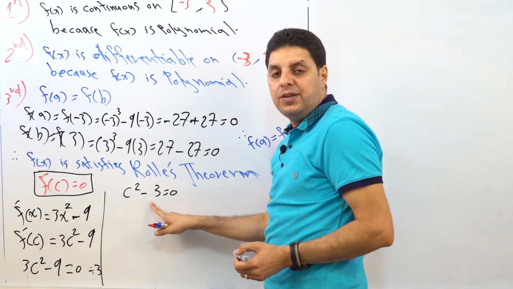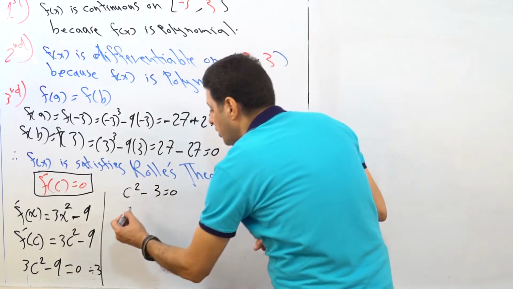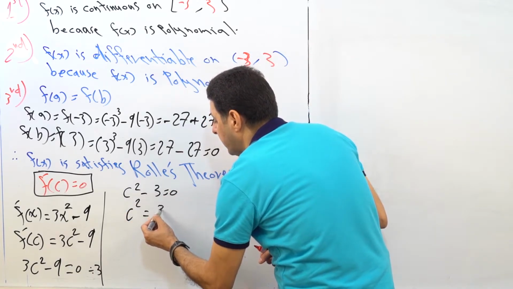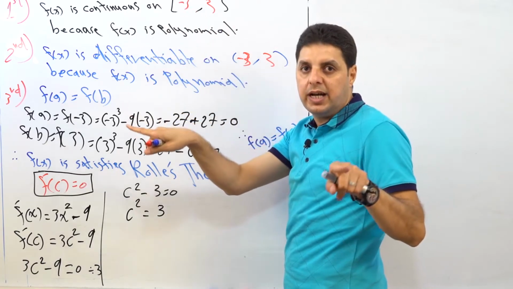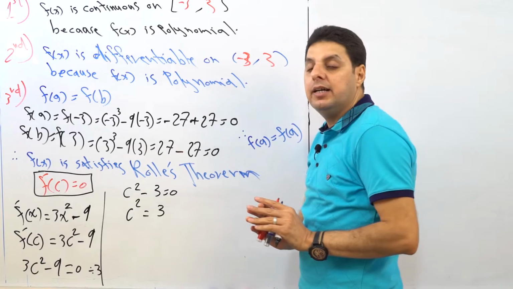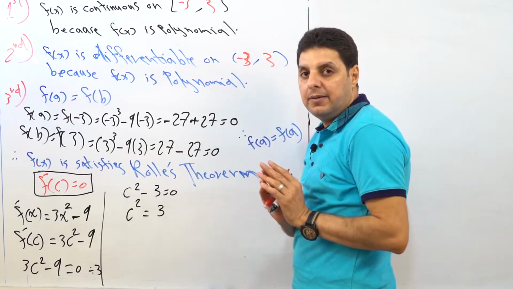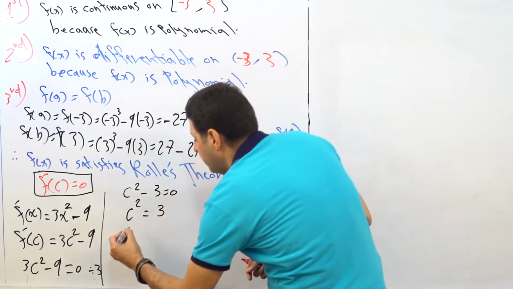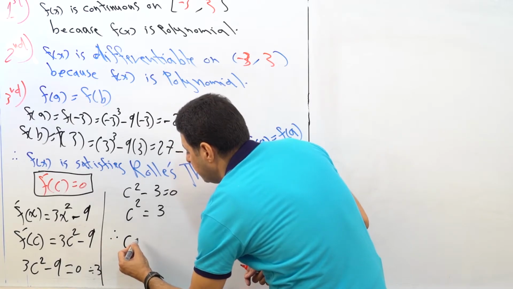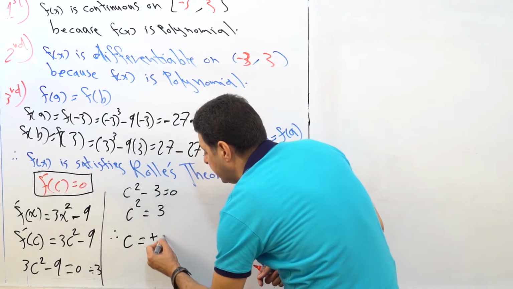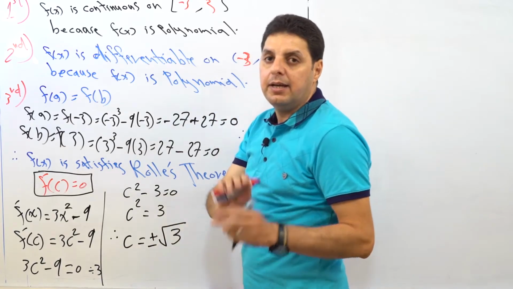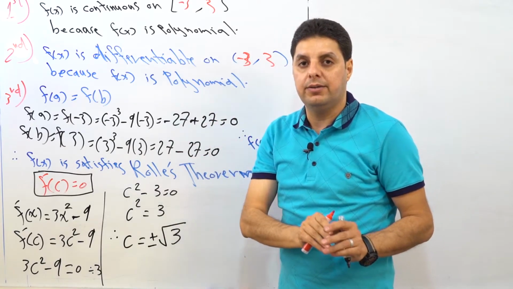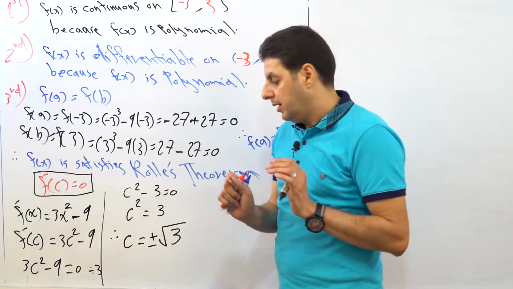By use additive inverse باستخدام النظير الجمعي c square equal 3. By use square root to two sides نستخدم خاصية الجذر التربيعي للطرفين. Then c equal plus minus square root 3. قيمة c هي plus minus square root of 3.